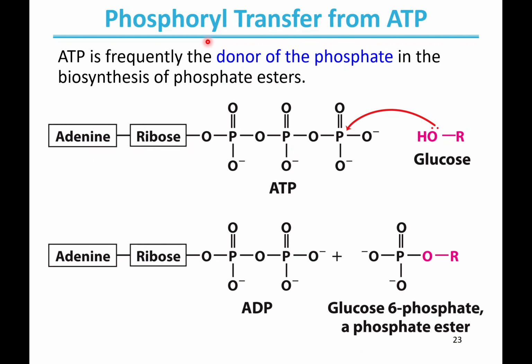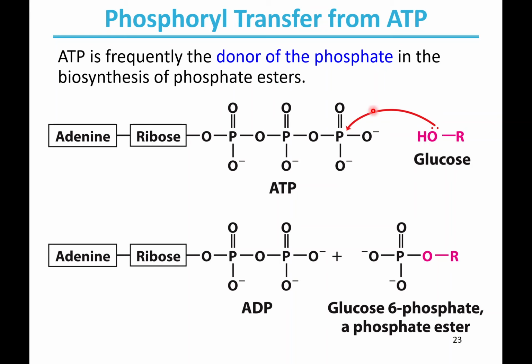ATP is frequently the donor of phosphate, and we're just going to focus now on the 3 phosphate groups here. It will give up that gamma phosphate, the third phosphate in the chain, to a number of different molecules. In glycolysis, one of those molecules is glucose.